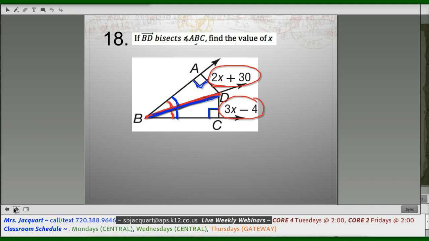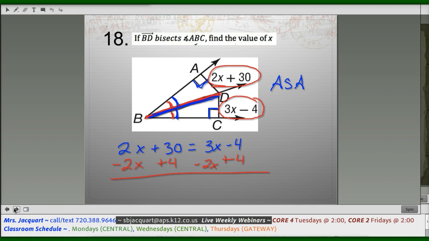So from ASA, we know we can say 2x plus 30 equals 3x minus 4. So we're going to do 2 steps at the same time. We're going to add 4 to both sides and subtract 2x. And then I get x equals 34. So x is 34.